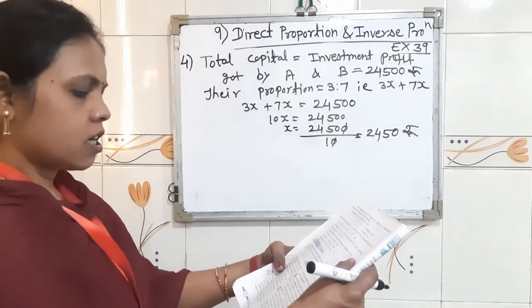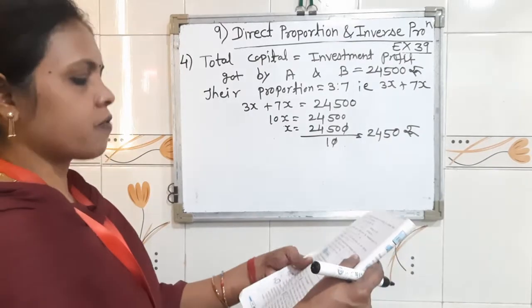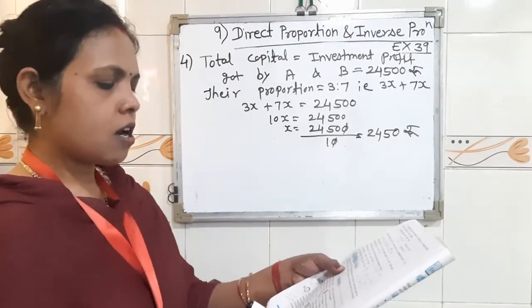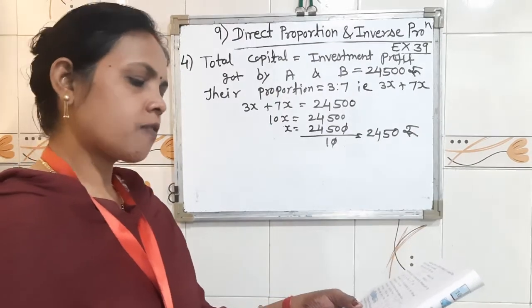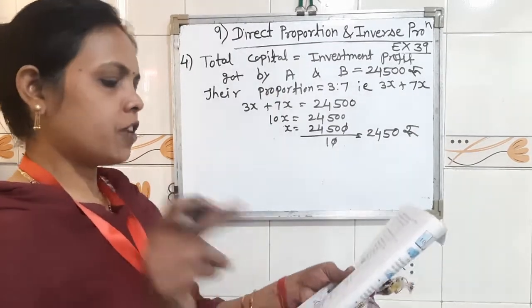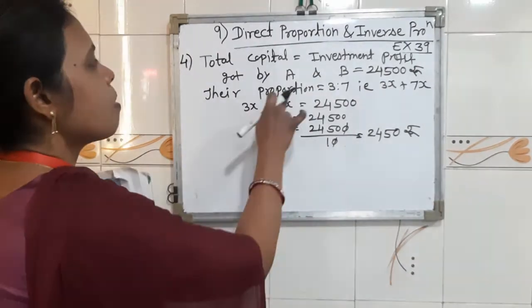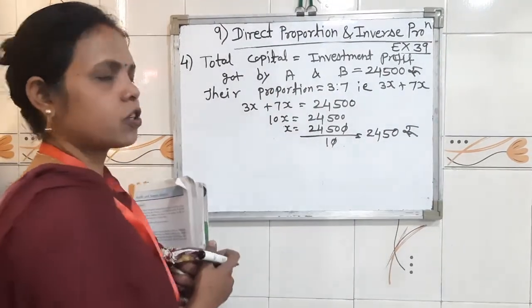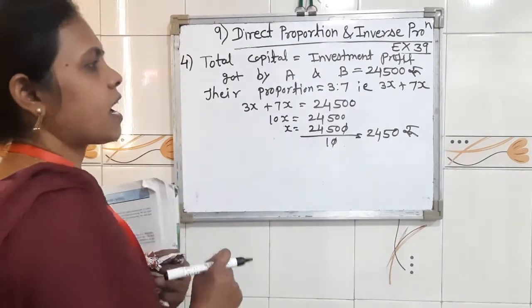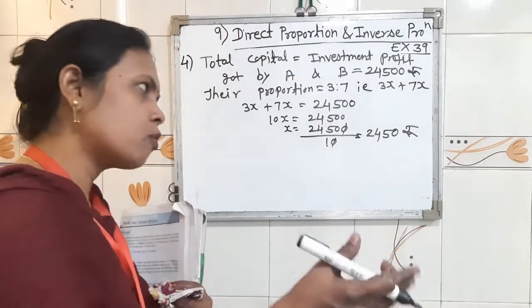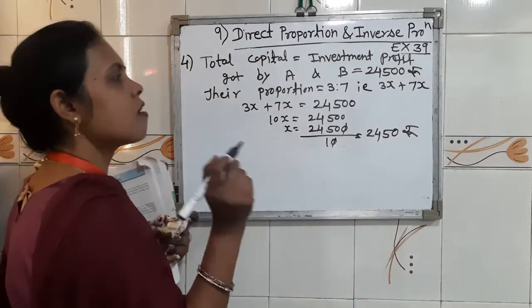Investment money, welfare fund, soldiers welfare fund. What was the actual amount given to the fund by each of them? Each of them gave 2% of his share. From the profit we got 2450, we are going to find out how much investment they both had done.